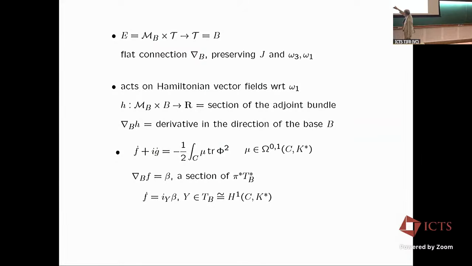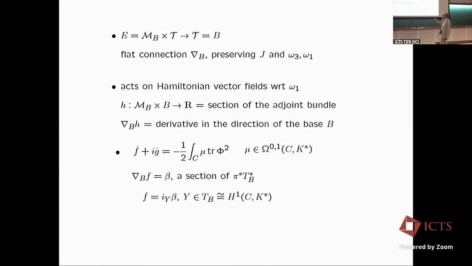So the tangent bundle to Teichmüller space at a point given by a complex structure C is given by a vector in the first cohomology with values in the dual of the canonical bundle. So I want to think of taking a vector there, and then the derivative of f in that direction is given by, if you like, the interior product of mu with a one form in the base.